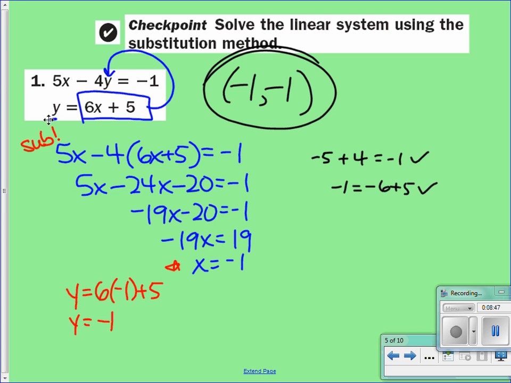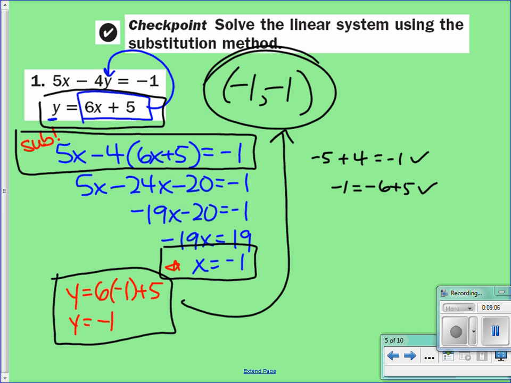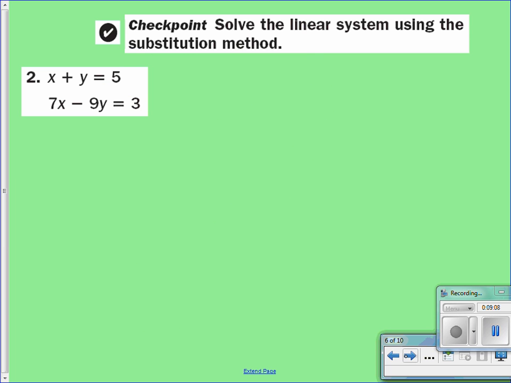Do a quick mental check that it works in both equations, but on your homework, you should be showing me your equation by itself, your substitution, and your answer for x, and then your substitution and answer for the other one before you give me that answer. That's why I'm not making you show me a check on everything, because you do have a lot to do. So I'm going to run through this checkpoint pretty quickly. Now here, it really doesn't matter which one I solve for.